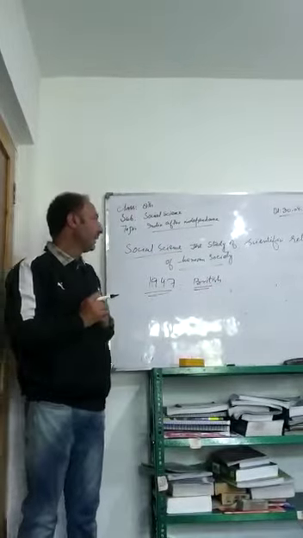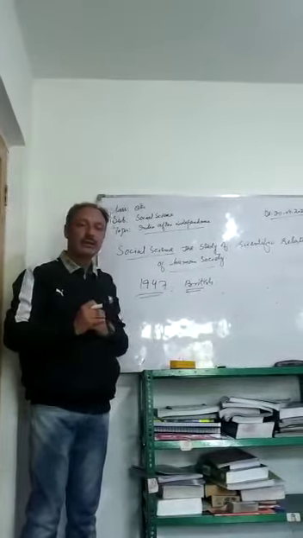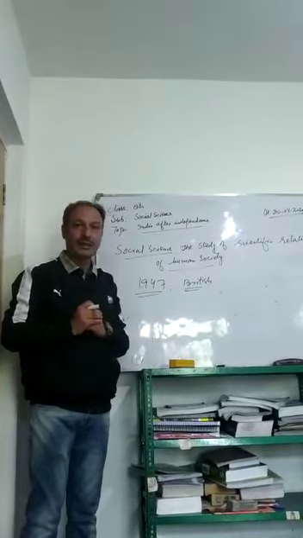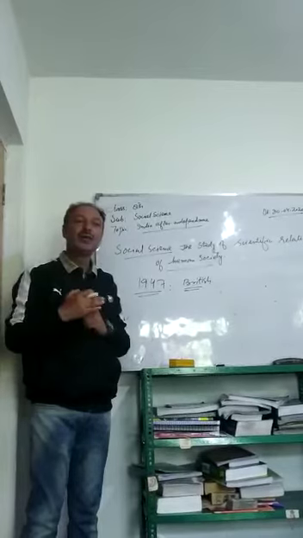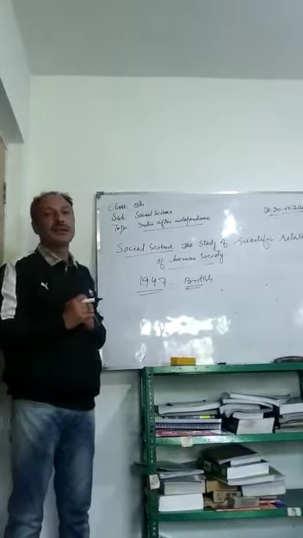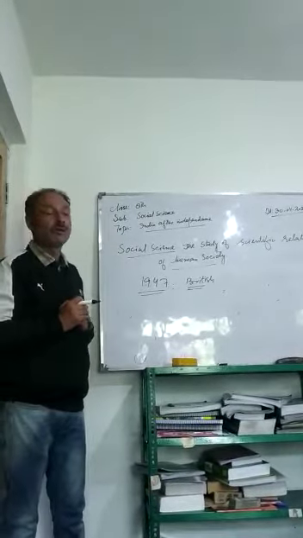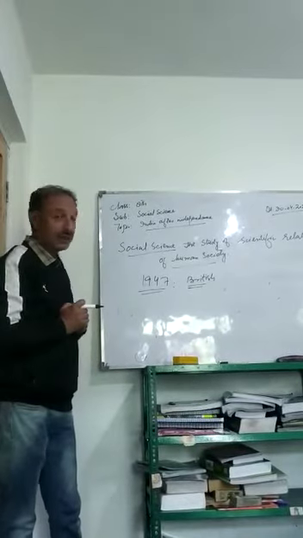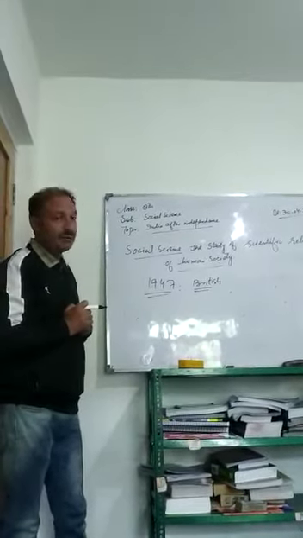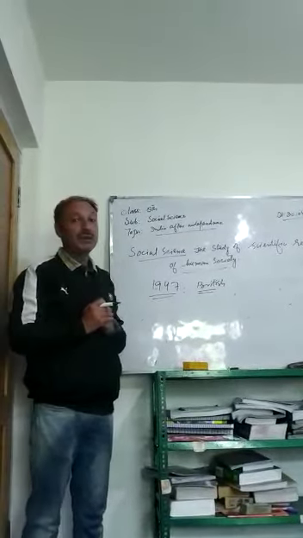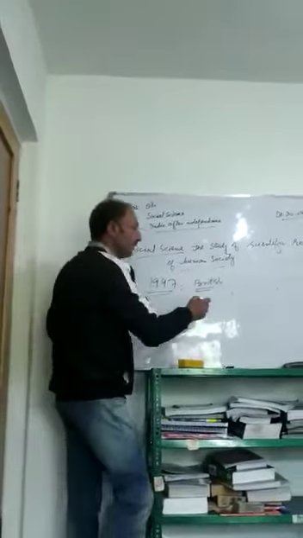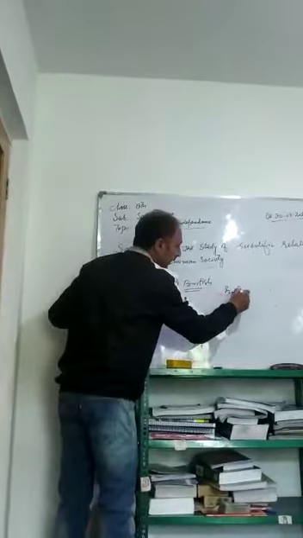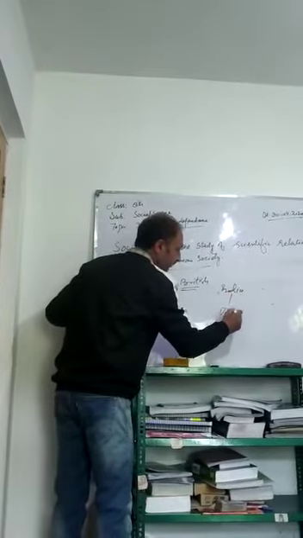After independence, our country had to face many challenges because it was a newly emerged country on the map of the world. Not only India, but when the partition took place, two countries appeared on the map of the world: India and Pakistan.